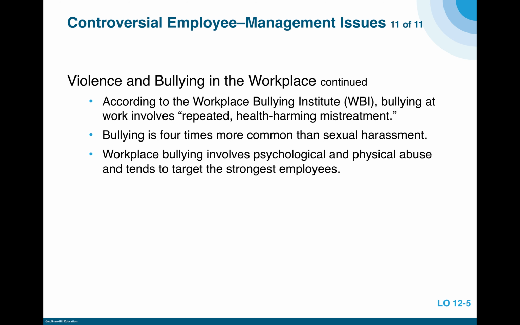So according to the Workplace Bullying Institute, bullying at workplace involves repeated health-harming mistreatment. Bullying is 4 times more common than sexual harassment. Workplace bullying involves psychological and physical abuse and tends to target the strongest employees. So this is one of those things, like, even if you think bullying is only happening at school, that's not the case.